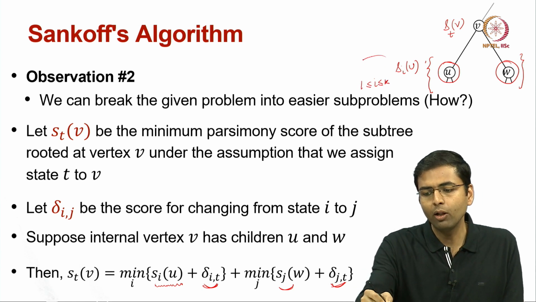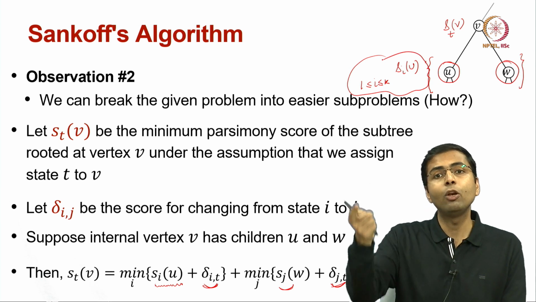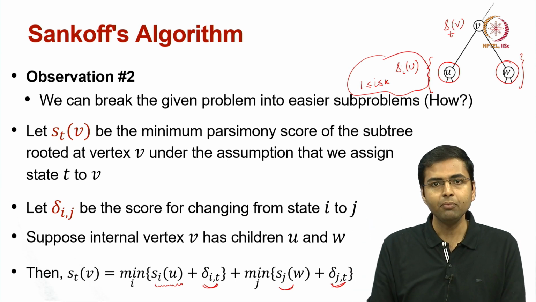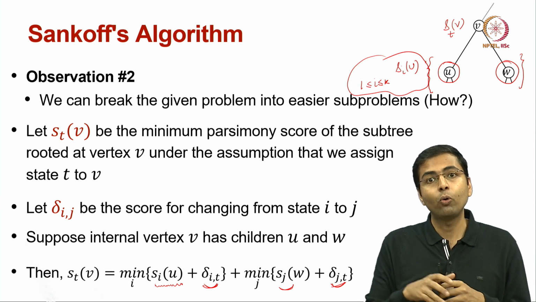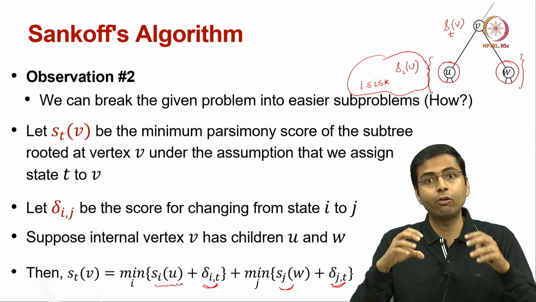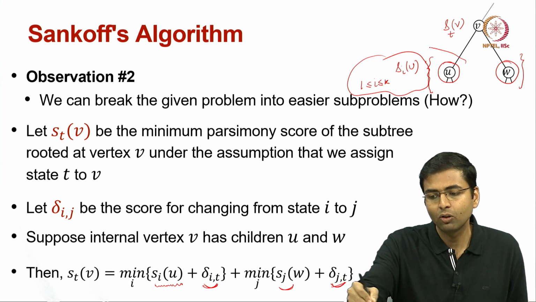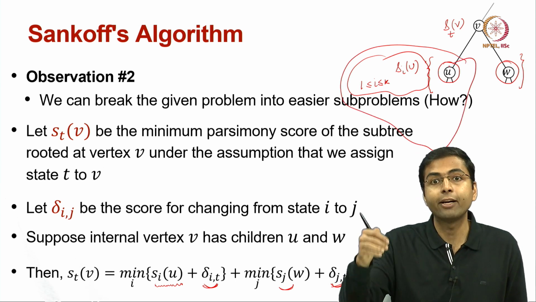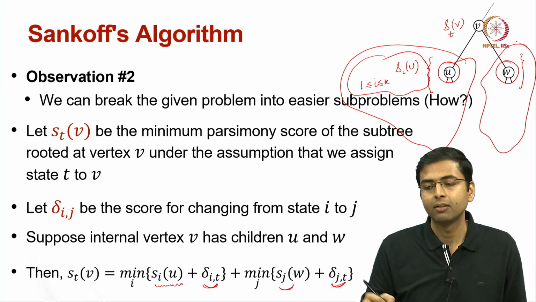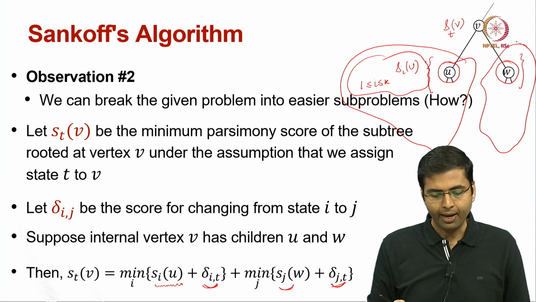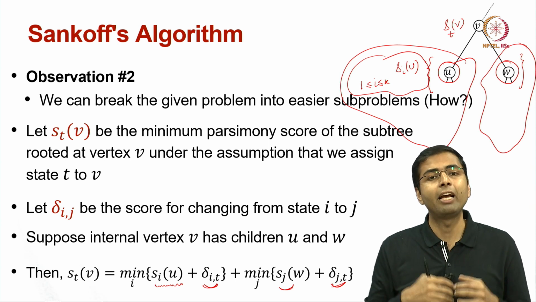I will enumerate over all these values, and check which of them gives me the minimum value at S_t(V), because there is a substructure here, right. I can look at the overall parsimony score at V in terms of the parsimony scores of the subtree rooted at u plus the subtree rooted at w. And because of this recursive structure, we can solve this problem efficiently.